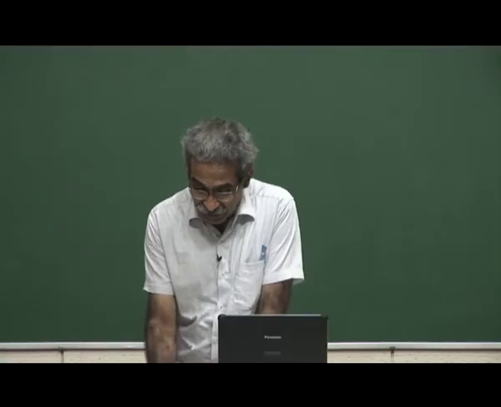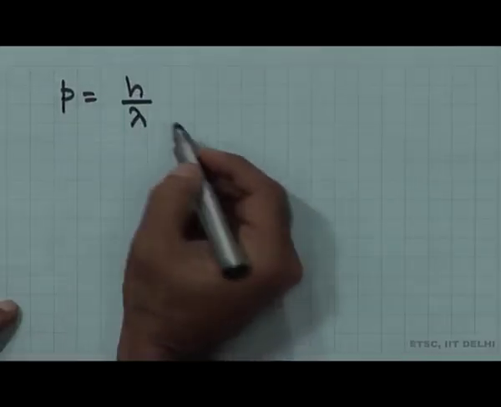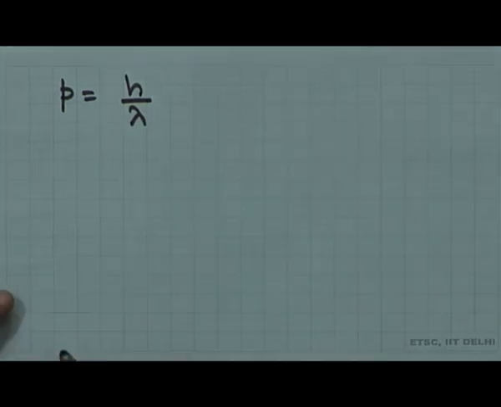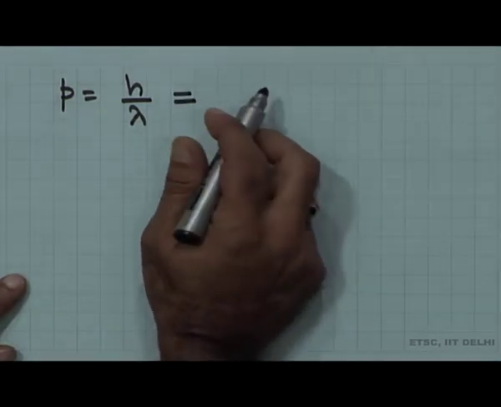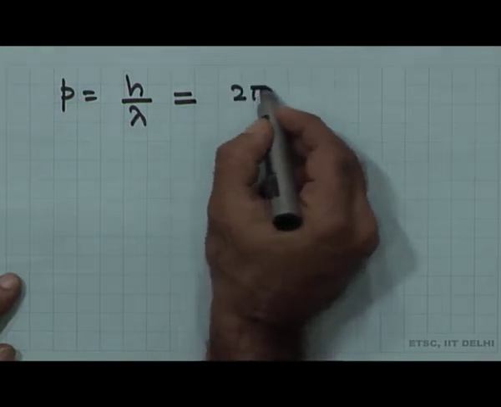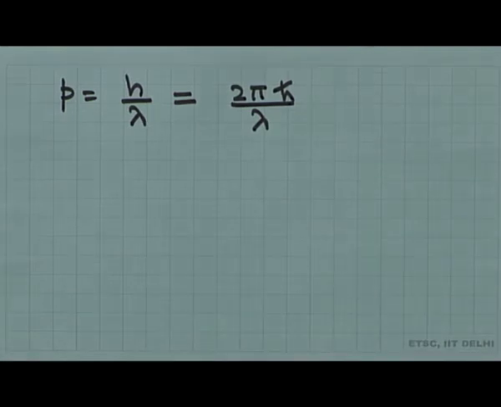In a similar manner, we wrote the relation p equals h by lambda. So what I am going to do now is replace h by h bar. Remember, h bar is h by 2 pi. Therefore, p is 2 pi h bar by lambda. That is what I have.